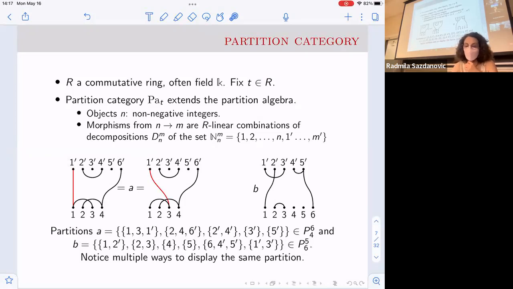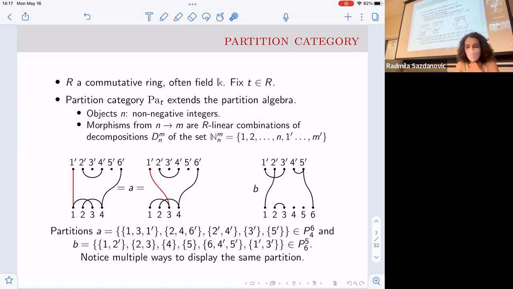A partition category that I'm denoting by P sub t can be considered over a ring or a field K. We're going to fix one element of it. And then it can be thought of as an extension of a partition algebra, in similar ways to how you can think about tangles as an algebra or tangles as a category. So objects are non-negative integers, shown here on the bottom.